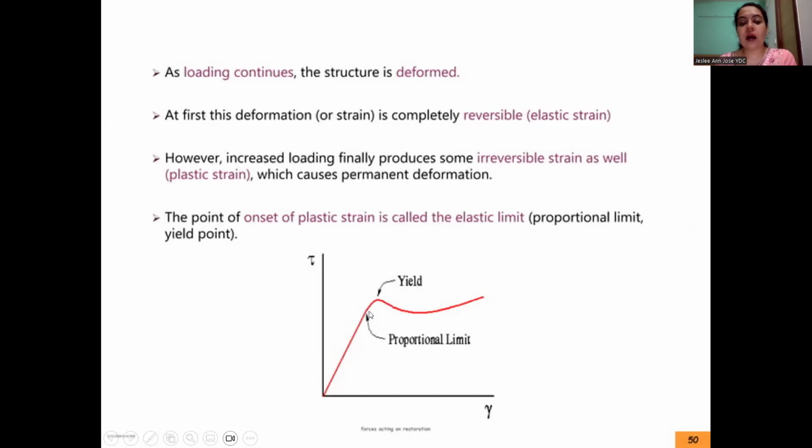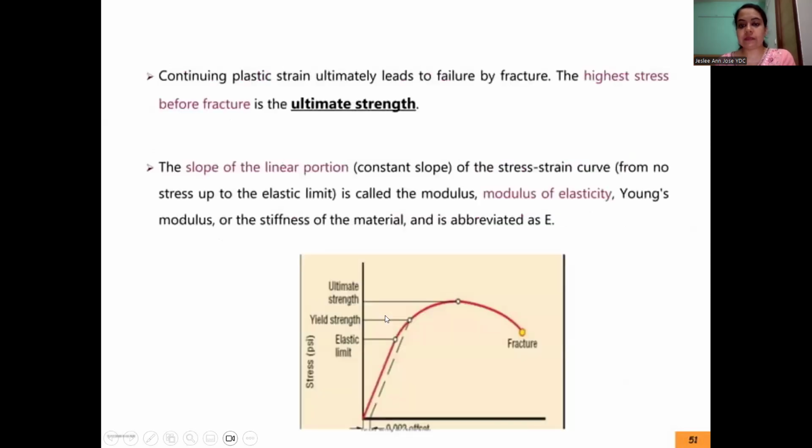But then further beyond this, when you apply force, the material can no longer resist, or there is going to be permanent deformation. That is when you call it an irreversible strain. That point until which the material resists the stress is called the elastic limit or the proportional limit or the yield limit.